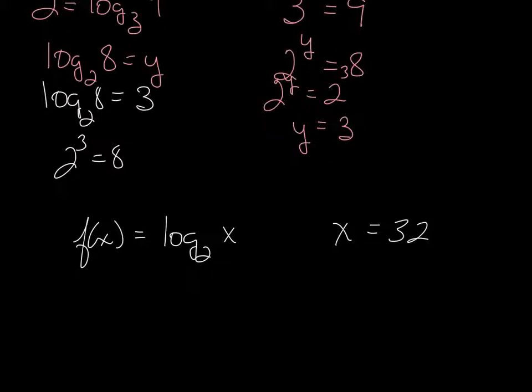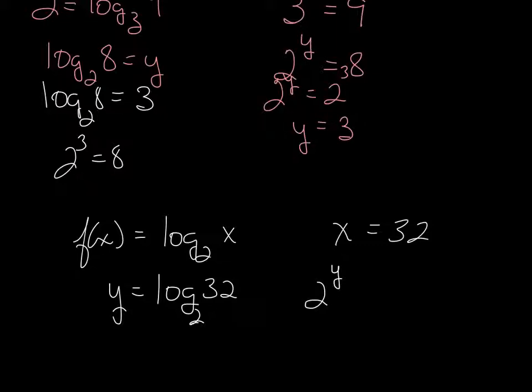So we can rewrite this as y equals log base 2 of 32. Now you may know immediately what that is, but for most of us it's easier to rewrite the function as an exponential function. I forgot to put my base 2. All right, so this is 2 to the y.